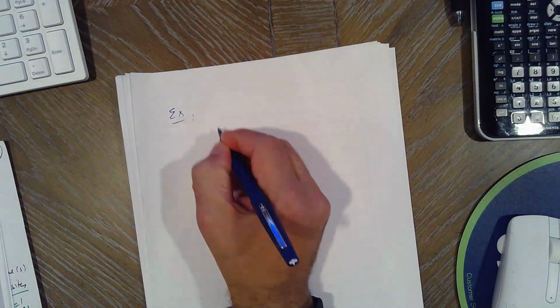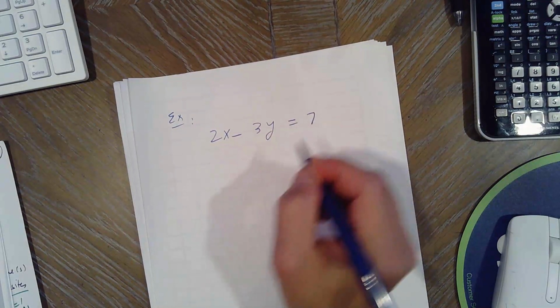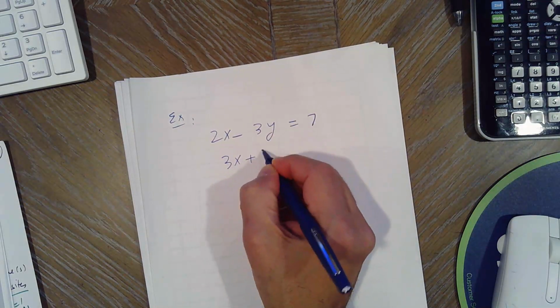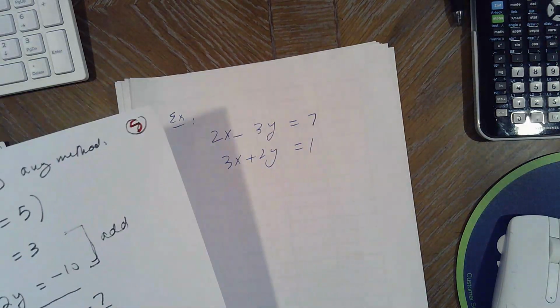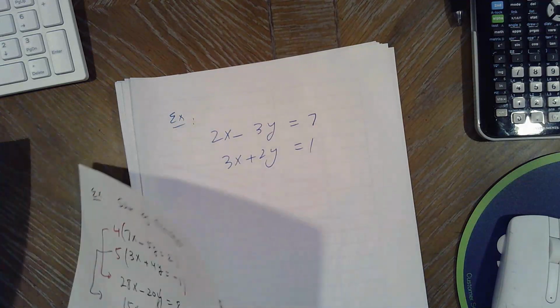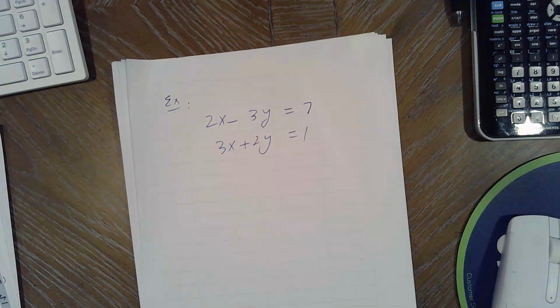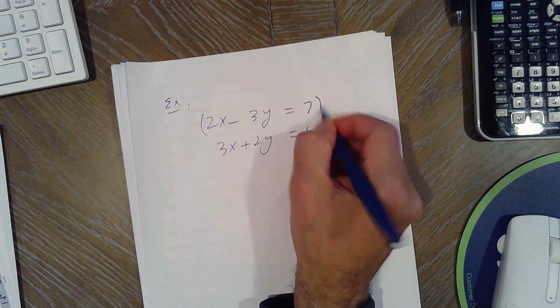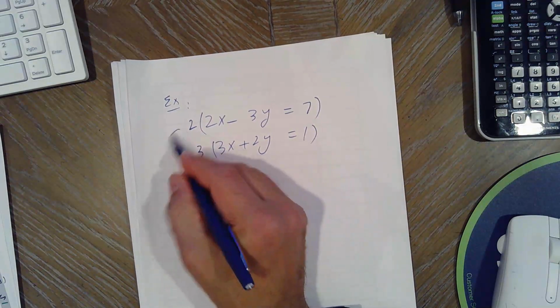Here's more examples. 2x minus 3y is 7. 3x plus 2y is 1. Okay, so here we have to times the top equation by 2 and the bottom equation by 3.